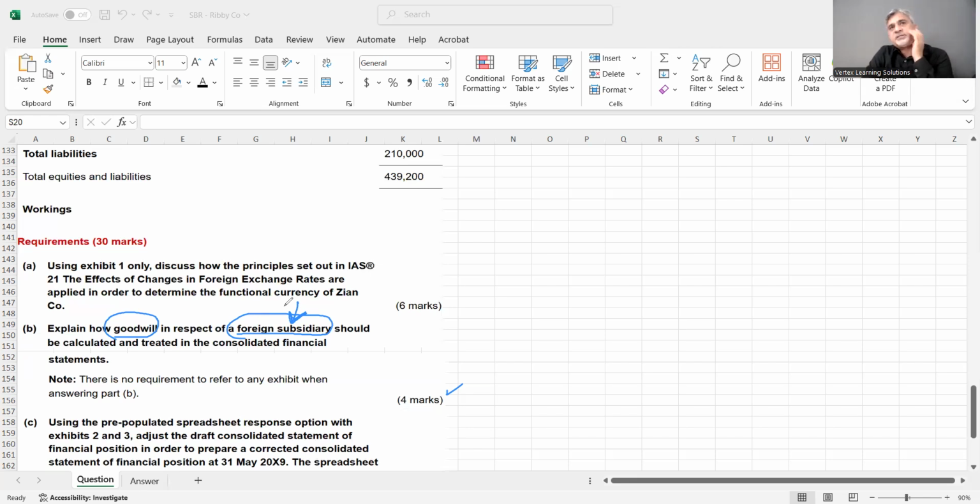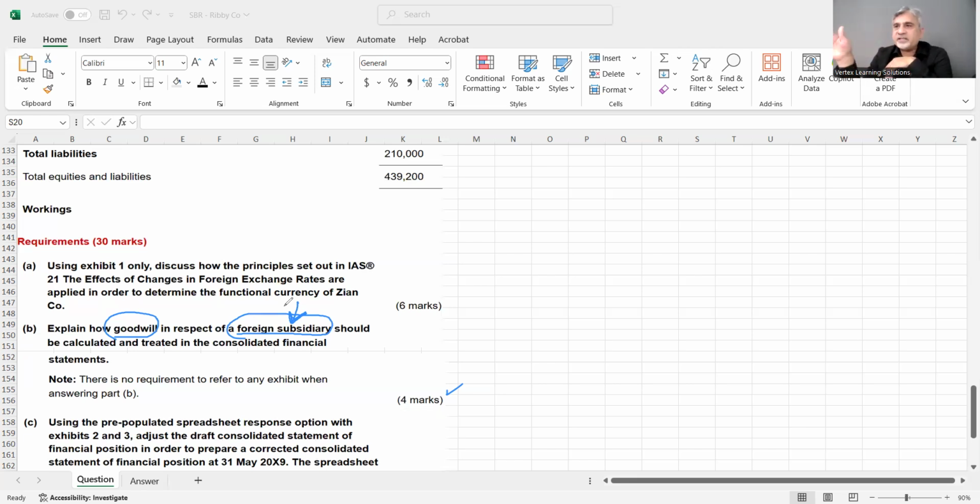So in the group financials, initially the goodwill is recorded in the local currency, and subsequently at the reporting date, it should be translated into the currency of the parent, which is the currency of the consolidated financial statements.